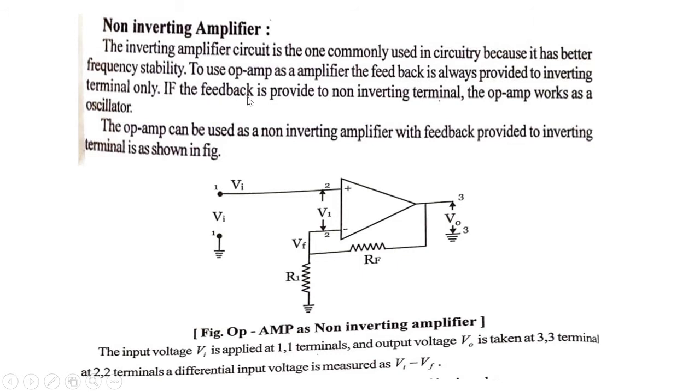If the feedback is provided to the non-inverting terminal, the operational amplifier works as an oscillator. The operational amplifier can be used as a non-inverting amplifier with feedback provided to the inverting terminal, as shown in the figure.